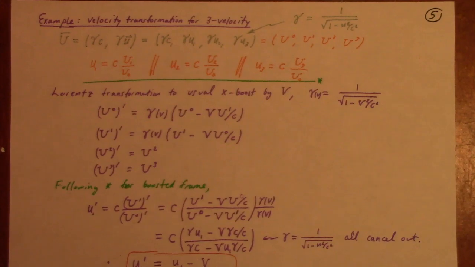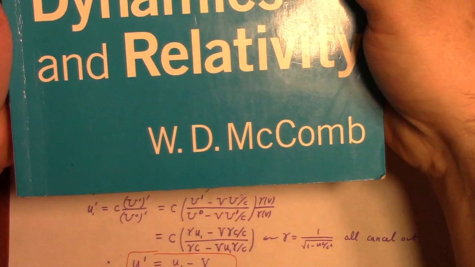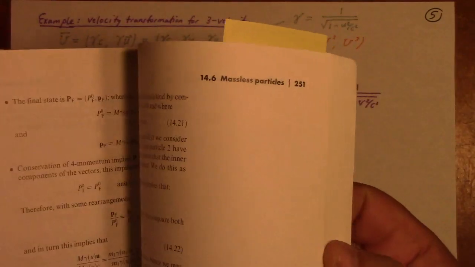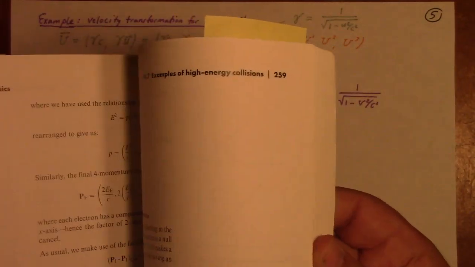All right, so this book right here, Dynamics and Relativity by W.D. McComb, is more or less what I've been following for the start of this. It's a nice book. It's got fairly careful regular classical mechanics, and I've been picking and choosing what I want from chapters 12, 13 and 14 for this lecture.